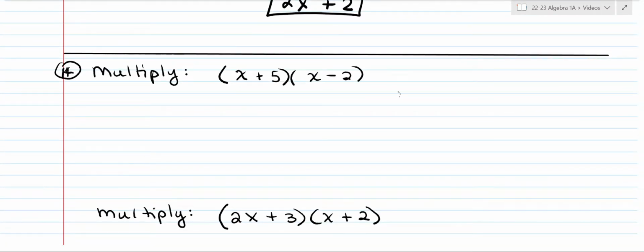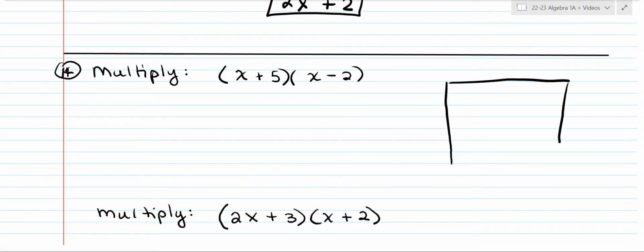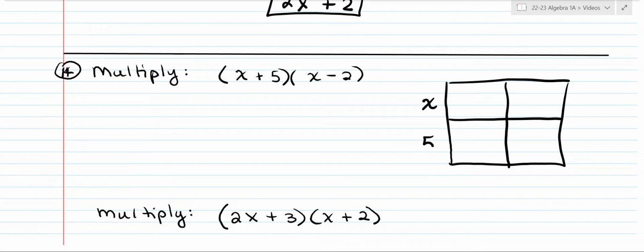Multiplying. All right, the only way we've done multiplication of binomials is by the area model. So set up your grid. You put the x and the 5 here, and you put the x and the negative 2 there. Then you multiply x times x, 5 times x, x times negative 2, 5 times negative 2.